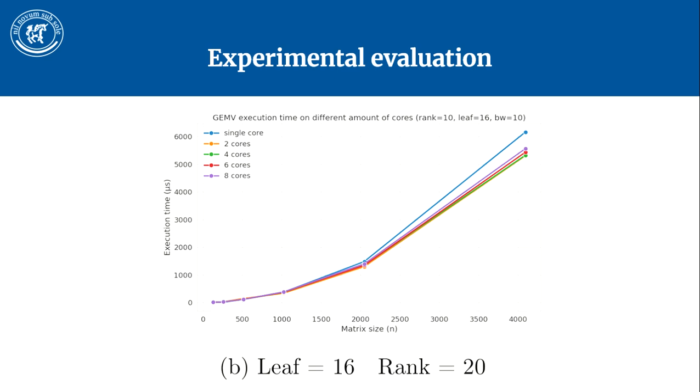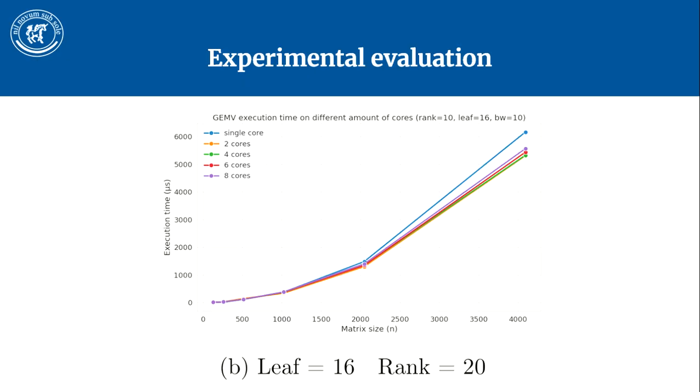In the other case, for the general matrix vector product, the parallelism does seem to benefit the routine, although it does not seem that 8 cores are always the lowest execution times. But in this case, executing the general matrix vector routine for different amounts of cores does seem to benefit the routine.